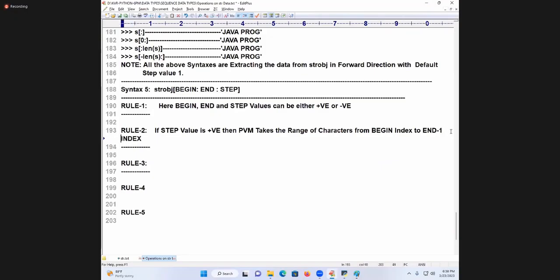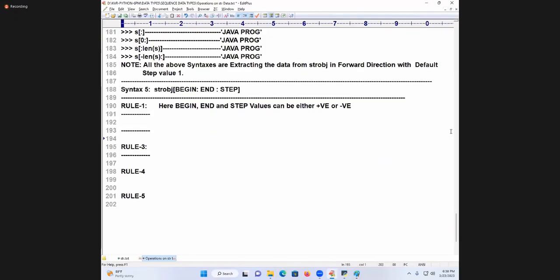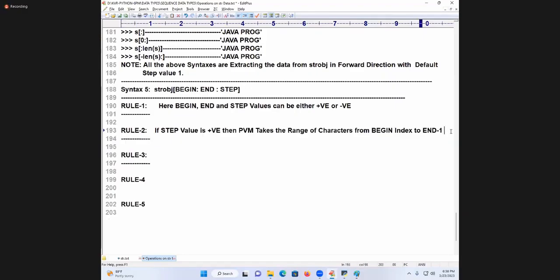End minus 1 index. Take care, students: begin index to what? End minus 1 index.